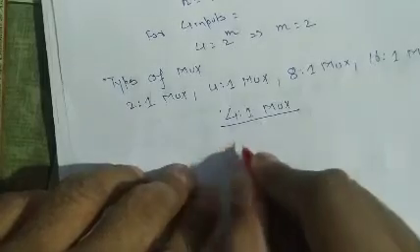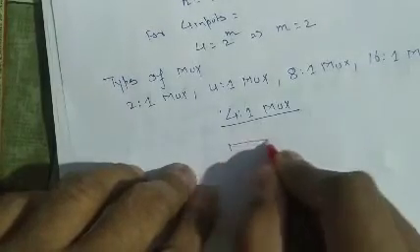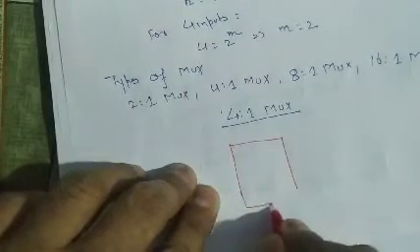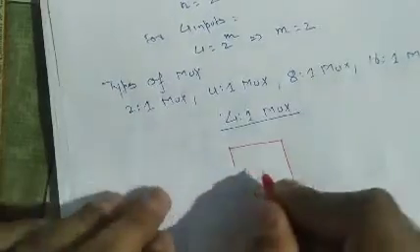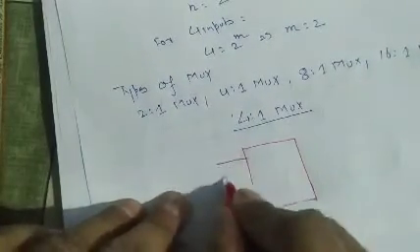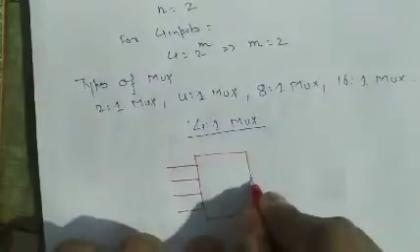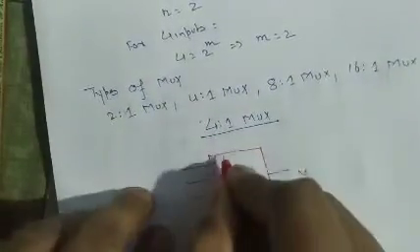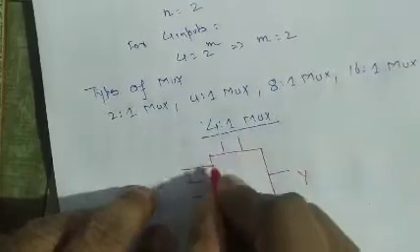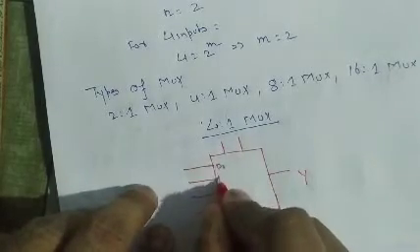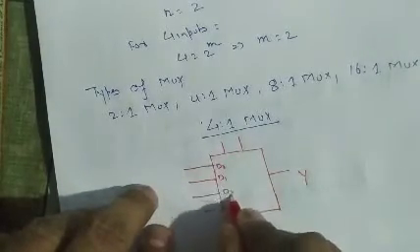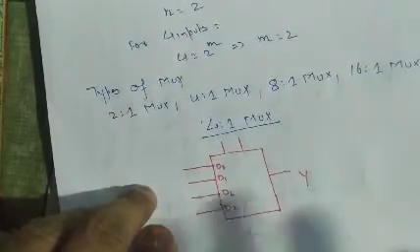So this is the block diagram. How many inputs does it have? It has 4 inputs: 1, 2, 3 and 4. Output will be 1. Select lines, it has 2 select lines. So I will name them: D0, D1, D2 and D3 are the 4 inputs.